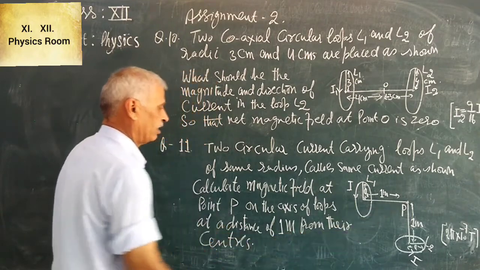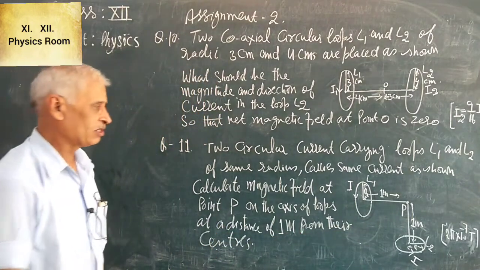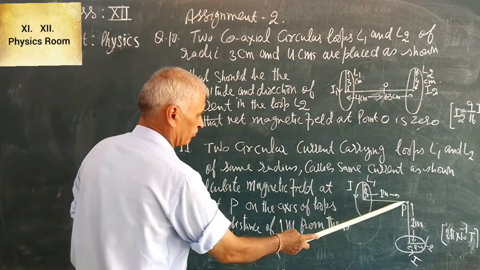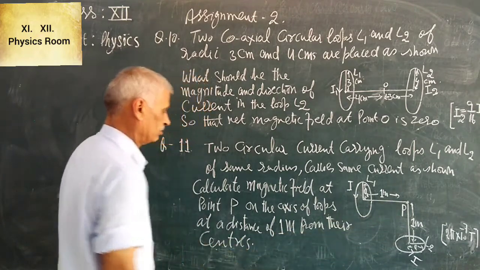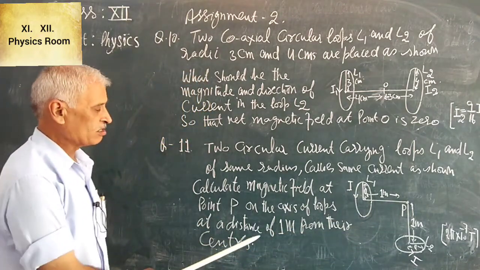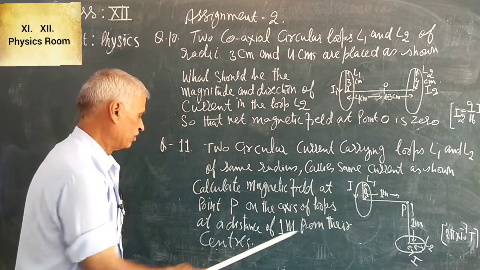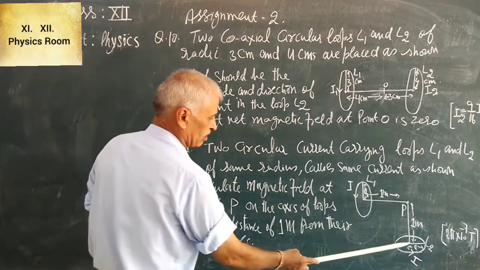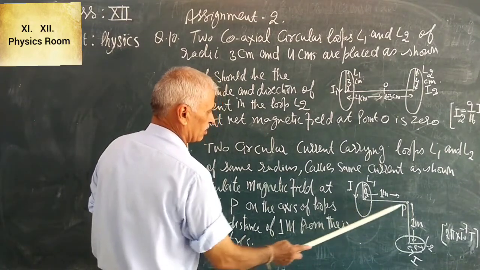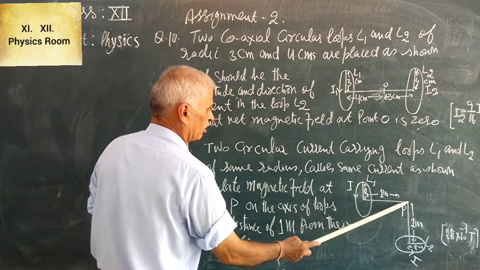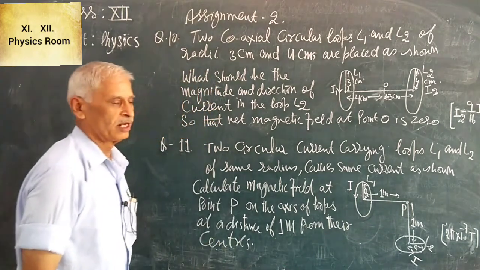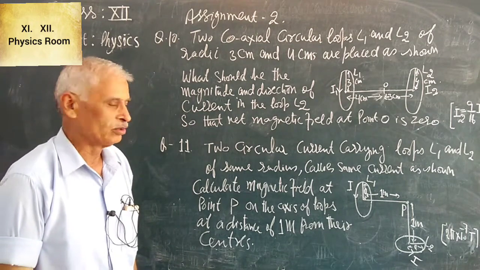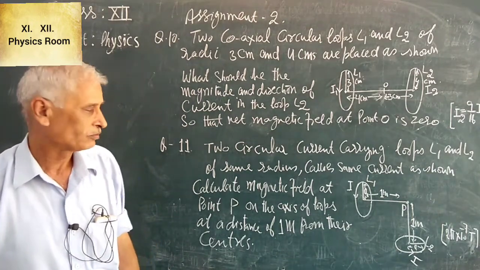Calculate magnetic field at point P on the axis of loops. This is the axis of this loop and this is the axis of this loop, at a distance of 1 meter from their centers. So this distance is 1 meter. This distance is 1 meter. Here you have to find out the magnetic field due to both loops.